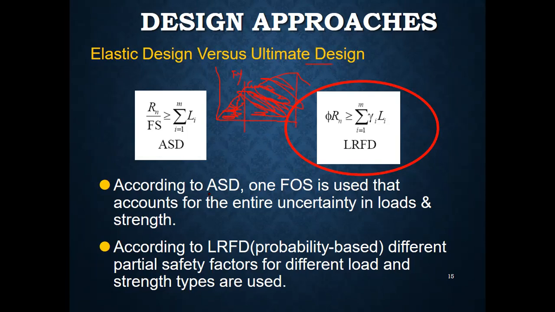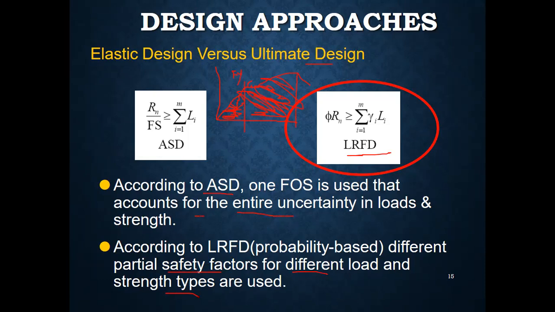Moreover, in the elastic design theory or the allowable stress design theory, one factor of safety is used that caters to the entire uncertainty in the load and the strength. While in the load and resistance factor design theory, which is usually based on the probability of the occurrence of the load, different partial safety factors are used for different types of load and for different types of strength of the beams.